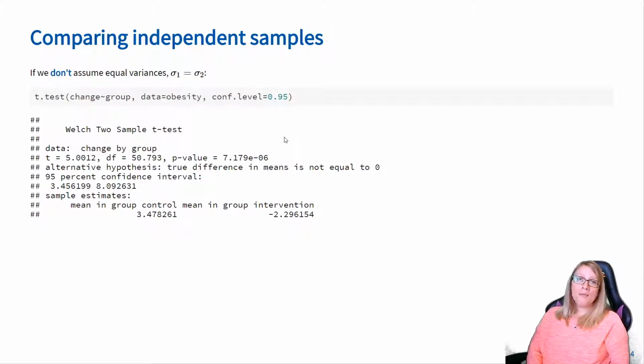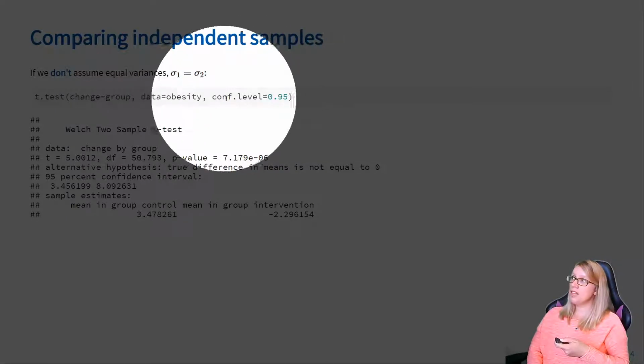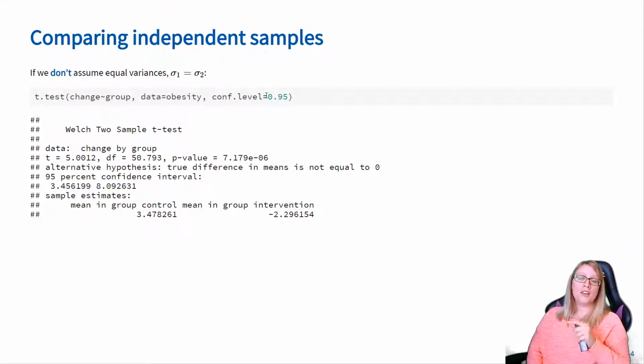So let's see what happens under both assumptions if we calculate a confidence interval. Here I am using conf.level to indicate that I want the confidence interval. The default assumption for var.equal is false. So if we don't include that var.equal true statement, automatically we will assume that that is false.